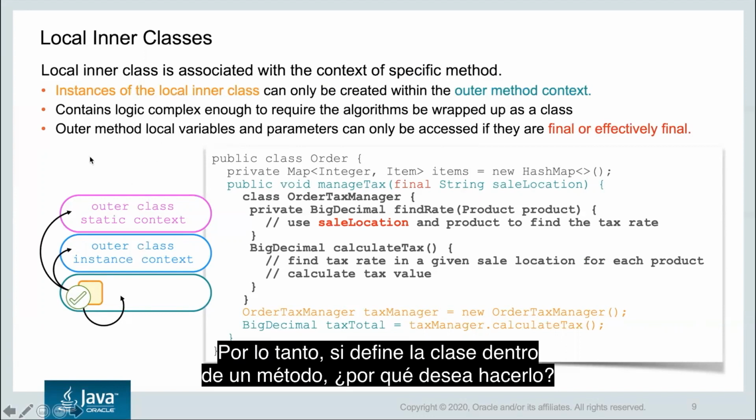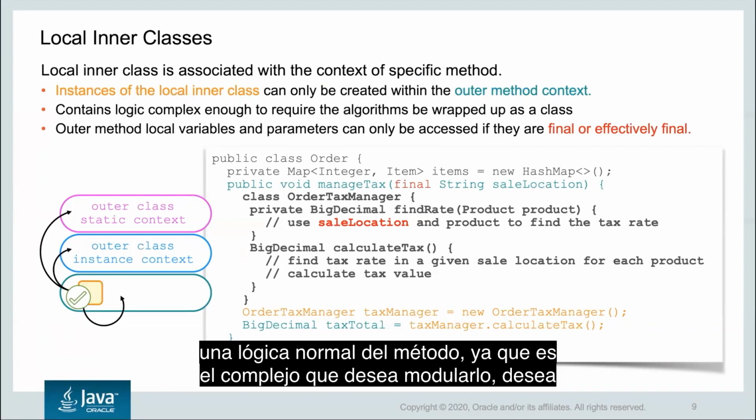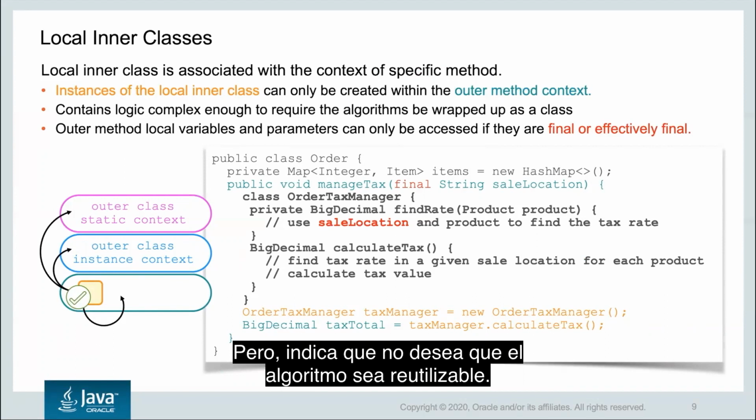Okay, so defining a class inside a method, why would you want to do that? Well, I guess if you have a very complex algorithm that you cannot just express as the normal logic of the method, because it's so complex, you want to modularize it, you want that algorithm to be wrapped up into a class of its own, but then you're saying that you don't want that algorithm to be reusable.